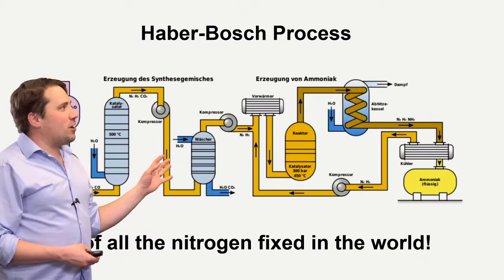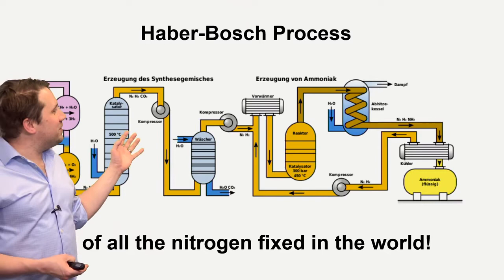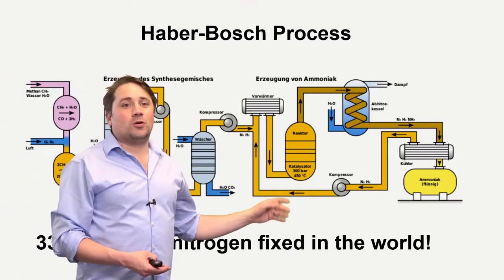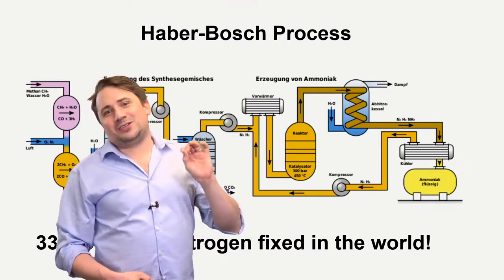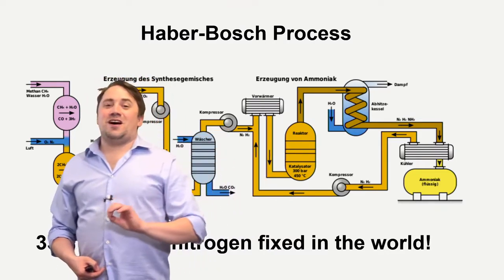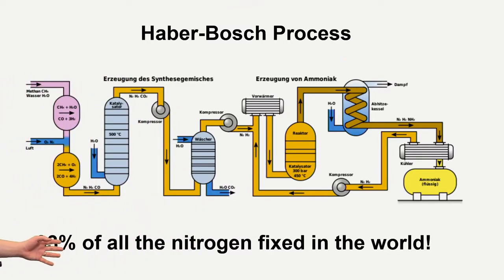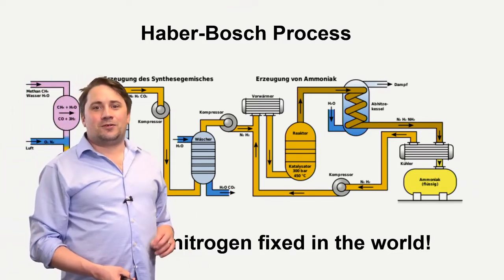So with the Haber-Bosch process, better living through chemistry, as DuPont would have you believe, we created a ton more food in the world. We increased agricultural productivity a ton, but we also have now a ton of nutrient pollution issues as a result of a 33% increase in nitrogen supply due to inorganic fertilizers.